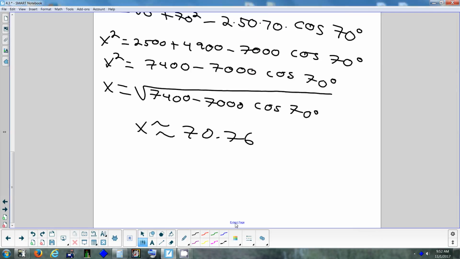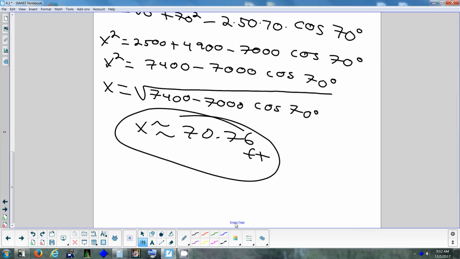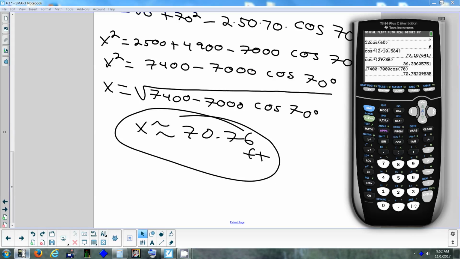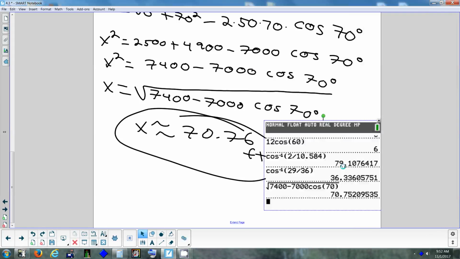If you got a weird answer, maybe you want to try it one step at a time. Take the cosine of 70 and just get that first. Then multiply by 7,000 and write that down. But I can come take a look and see what happened. And just to show people how I typed it in, that's how I typed it in.